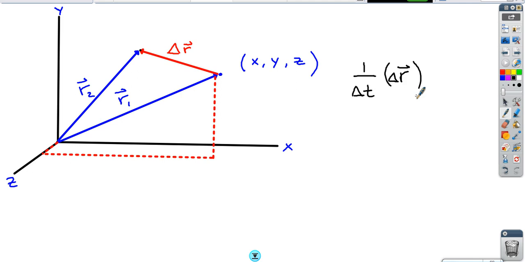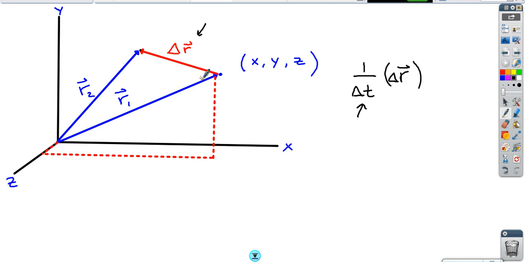You know from what we talked about in class that this is just a scaling factor. So that means that if this quantity is positive, it shouldn't change the direction of the delta r vector. If it was negative, it could flip the vector to face the other way, 180 degrees, but it's not going to change the angle.